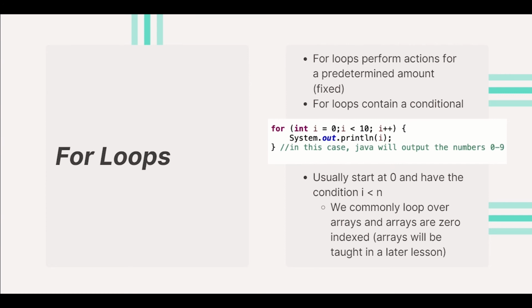So even though in many cases you loop over an array of size 5 and your condition is i is less than 5, we only go up to number 4, which is the last index in our array since it started counting from 0. And it's very common to use a for loop to go over each element in an array. So make sure for our future lessons when we learn about arrays, you remember the fact that they start counting at 0 and they end before the last number. So make sure you remember that.